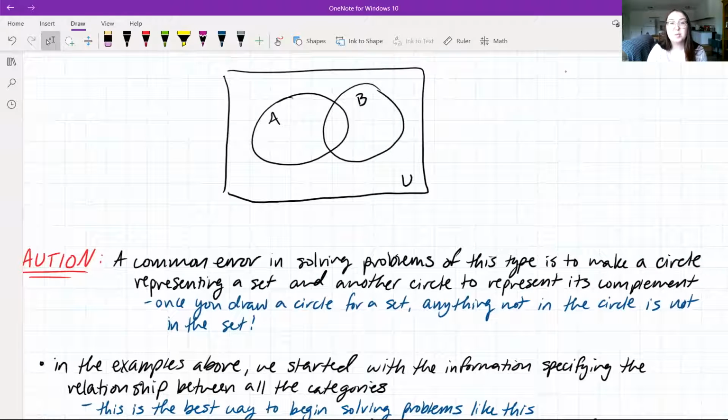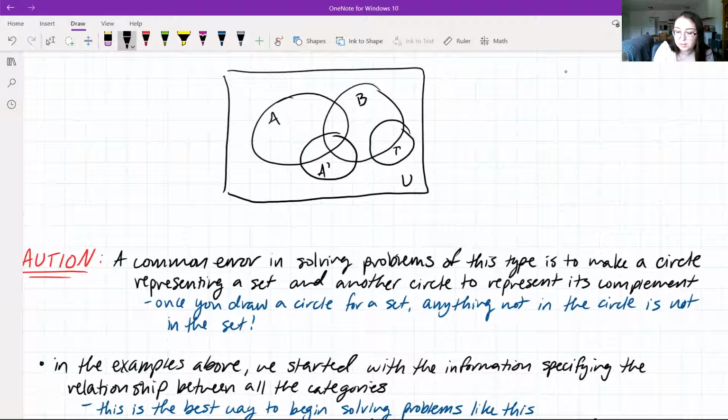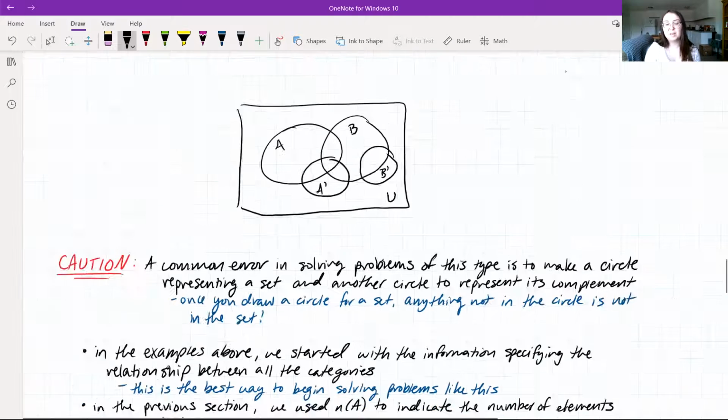And something that a lot of people will do when they think, oh, okay, what's a complement? They'll draw some other circle, and they'll say, okay, this is A complement. Or maybe they'll draw another circle over here and say, oh, this is B complement, or something like that.